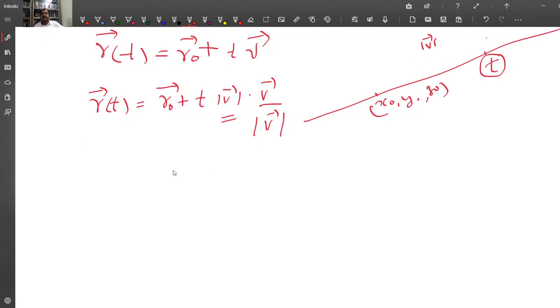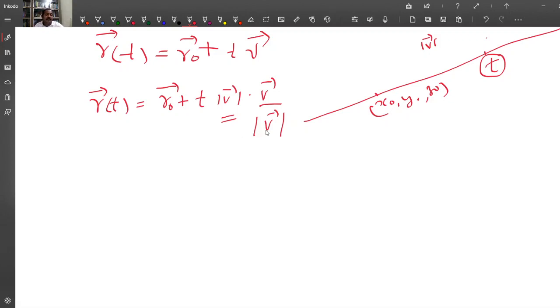So this describes the equation of motion on a straight line starting from the point x naught, y naught, z naught, and gives the position of a particle at a time t whose initial position is p naught and speed is modulus of v.